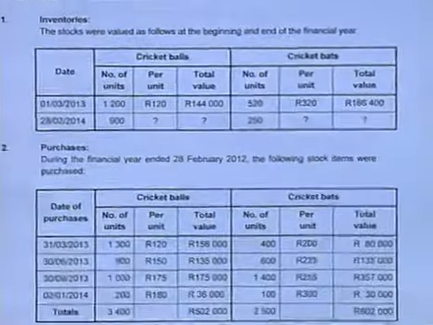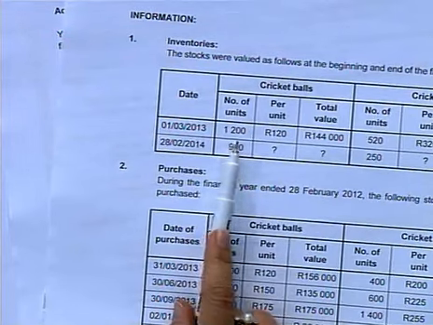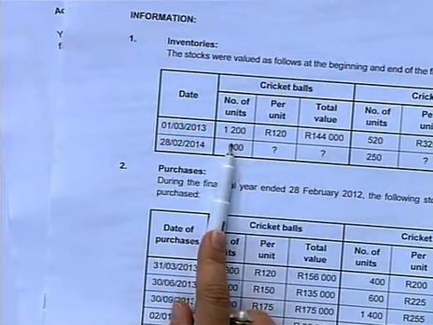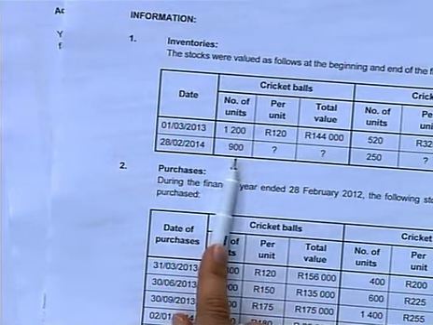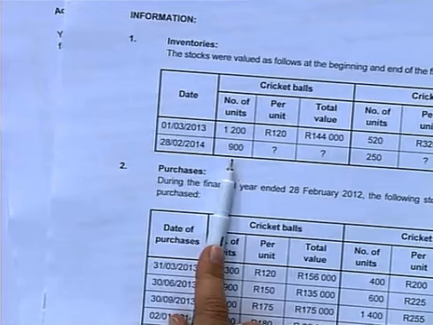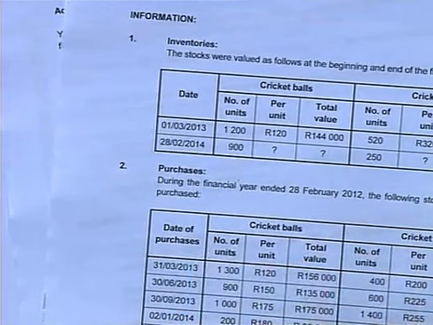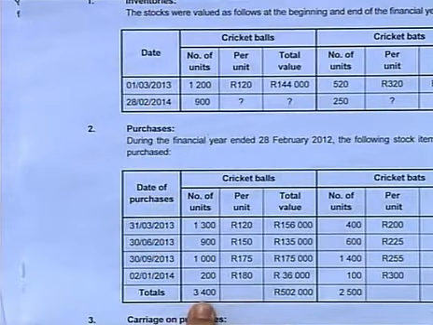Now, if I have to start looking at where it was that the stock was stolen, I'll have to really interpret my information very clearly and think, okay, if they had 1,200 cricket balls to start off with, and they have 900 left, and they purchased 3,400, just think about that quickly.